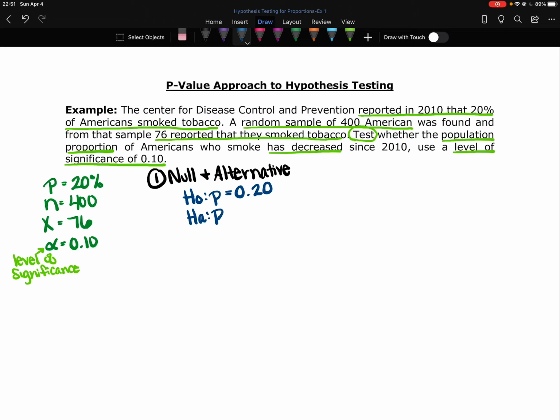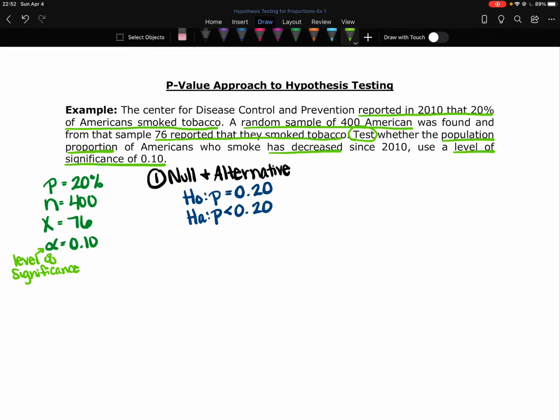And then our alternative is also going to be p because we're still looking at a proportion. I'm just going to rewrite that. And then we want to see if the proportion has decreased since 2010. So I want to see if p is less than 0.20.